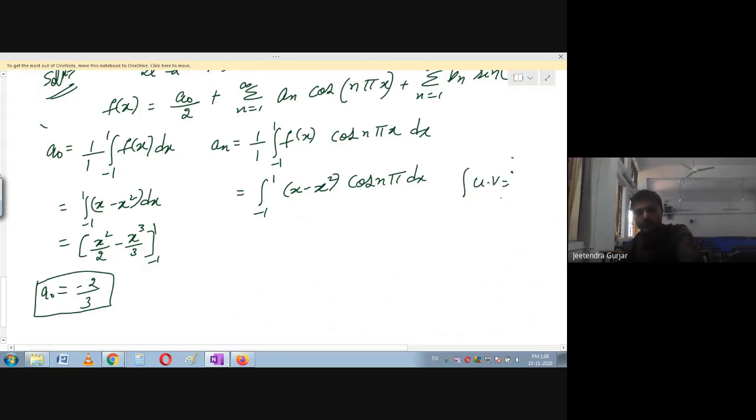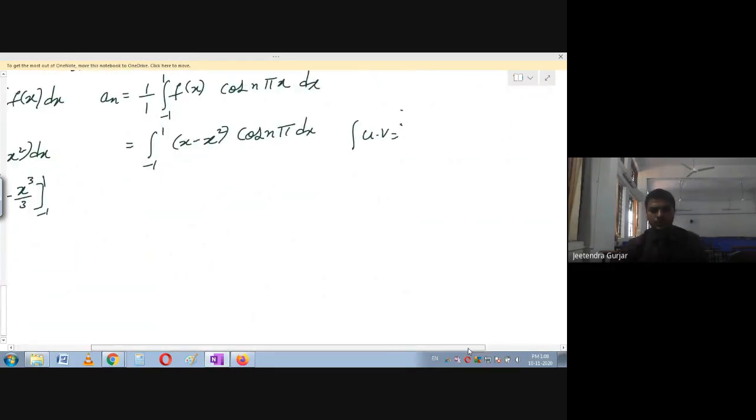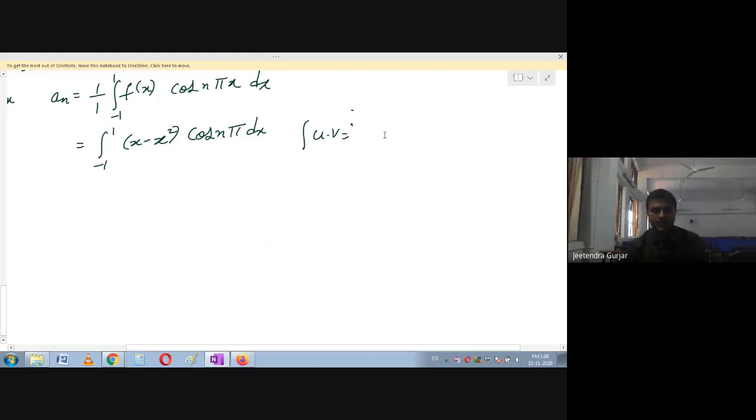Yes, integration of u v is u v1 minus u dash v2 plus u double dash v3. Okay, now you are familiar now.